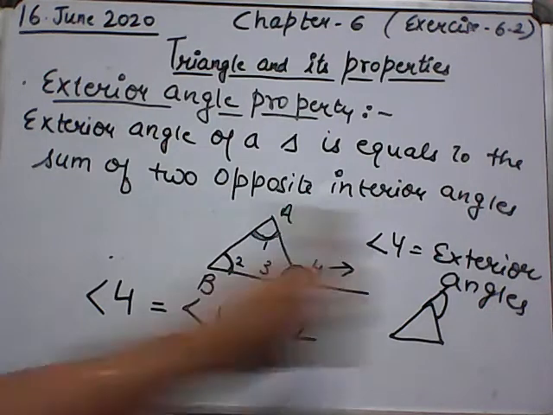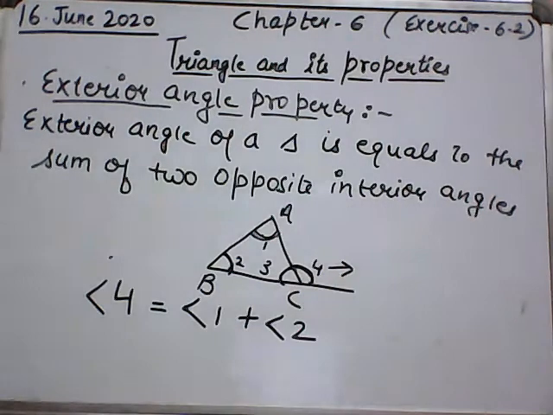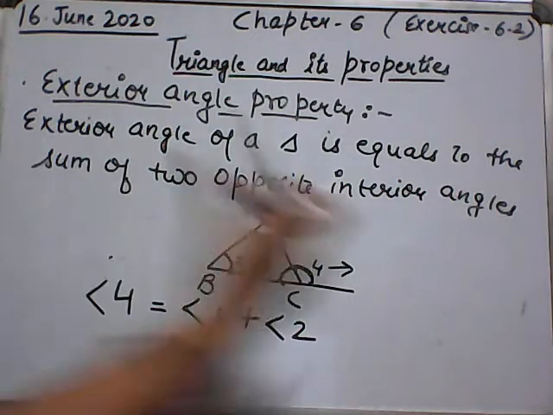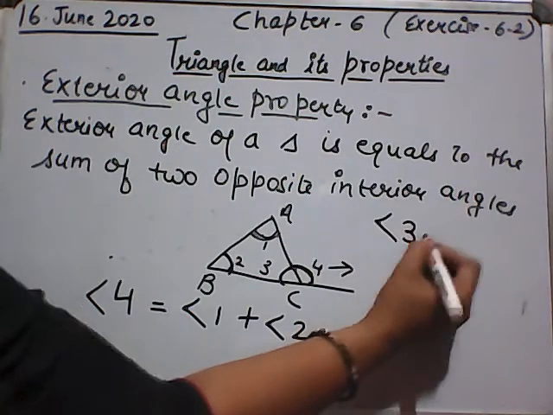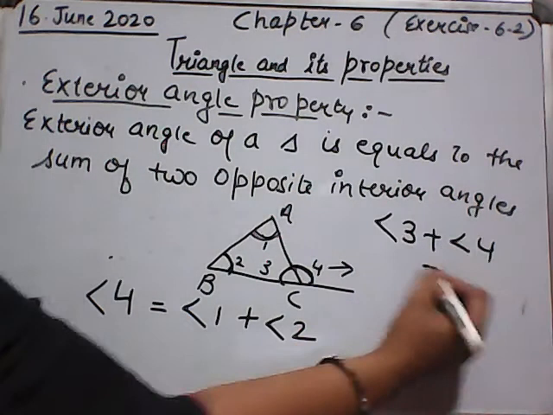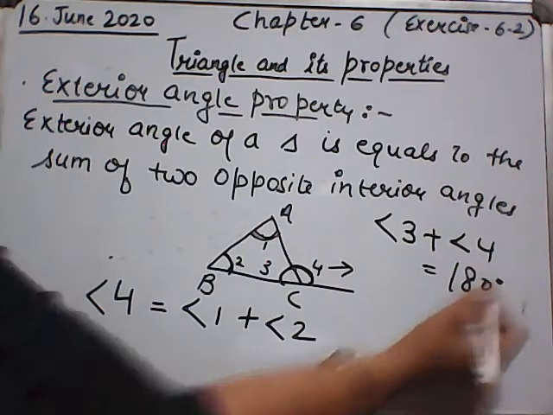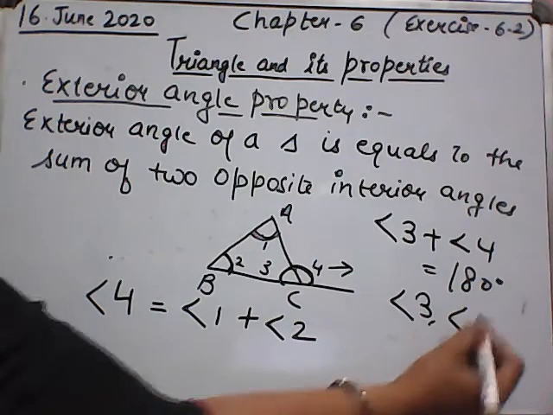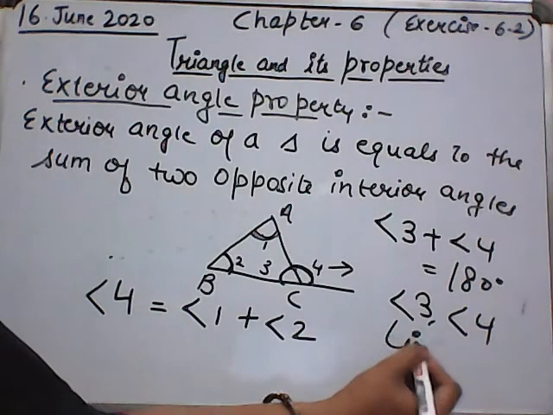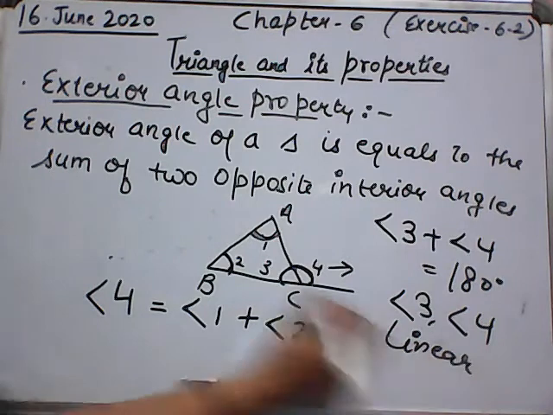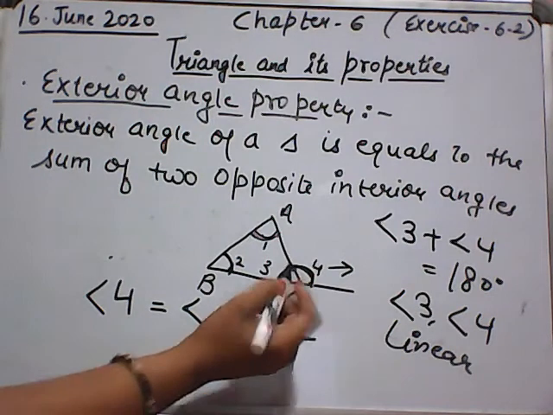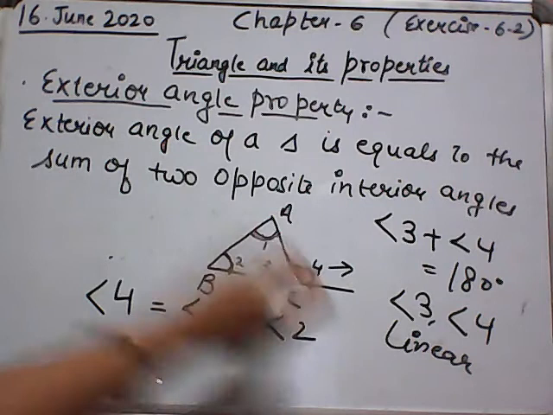The linear pair property states that the sum of linear pair angles is equal to 180 degrees. Here angle 3 and angle 4 are linear pair angles, and these form 180 degrees.